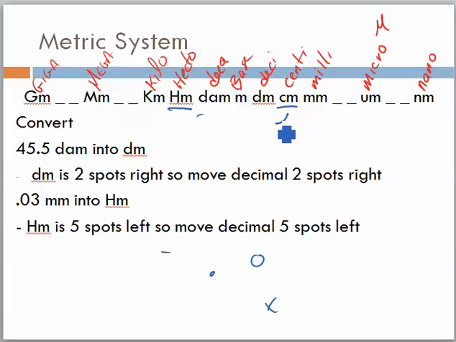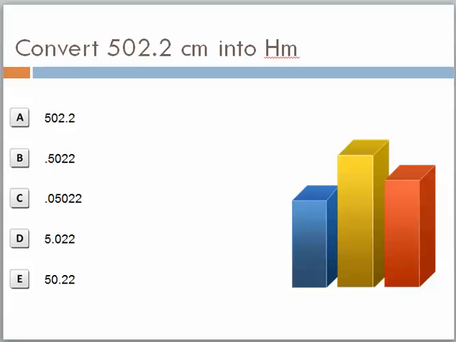So I ask myself, that's 1, 2, 3, 4 spots to the left. So if I were to find this answer, I would take my decimal 1, 2, 3, 4 spots to the left. And that turns out to be C.